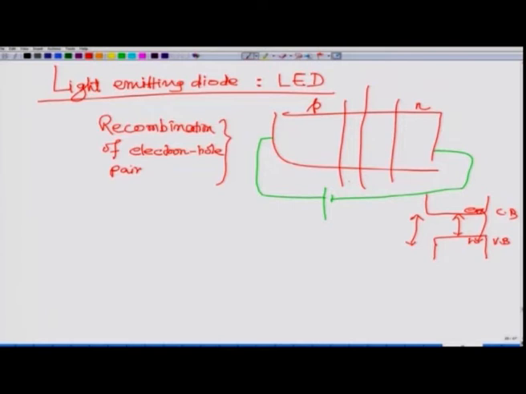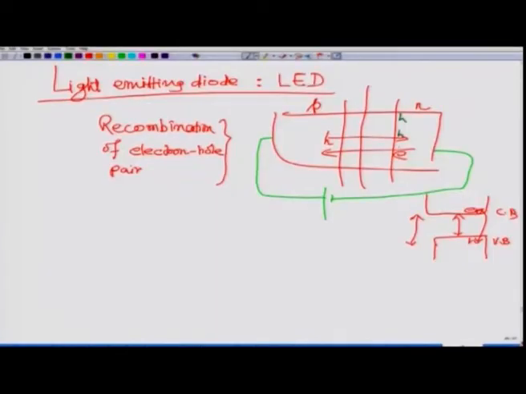Diffusion current increases means the majority carriers flow in great numbers. The holes go from this side to that side and the electrons go from this side to that side. When holes reach here, they are minority carriers, and there are a lot of electrons on this side. It is full of conduction electrons.